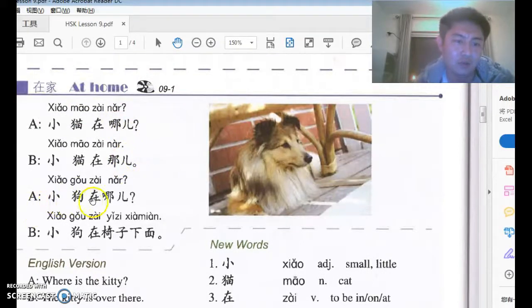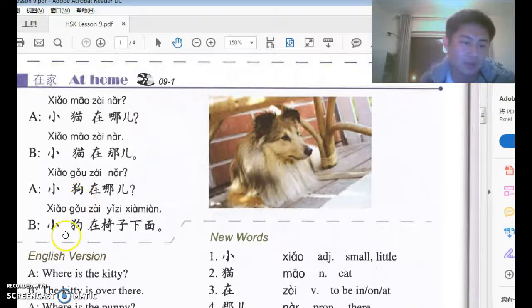Then A says 小狗在哪儿? Little dog, so a puppy. 小狗在椅子下面. 下面 is a noun. It means the area below something. 椅子 is chair. 在 is at or in. So this is a structure: 在 plus a reference, 椅子 or table or house or whatever that is, then the position, which is 下面 below, or 上面 above, right?